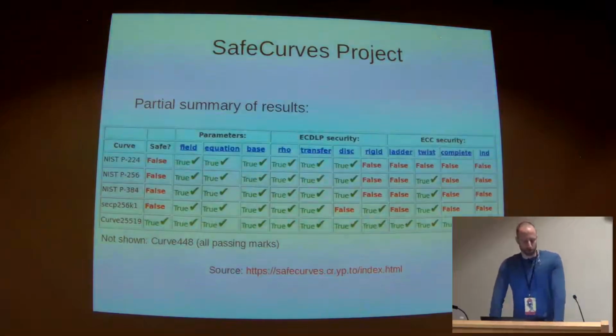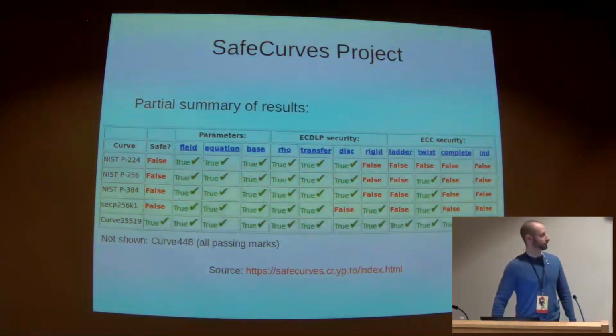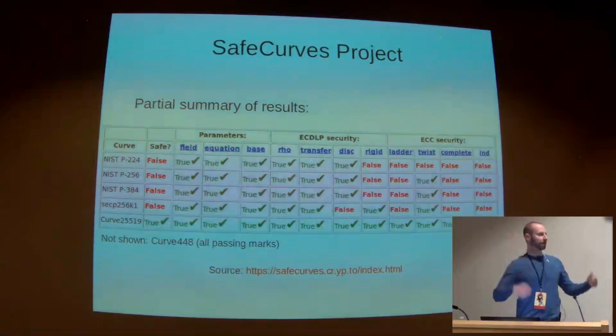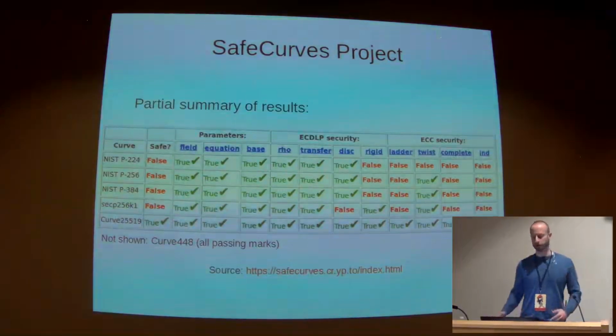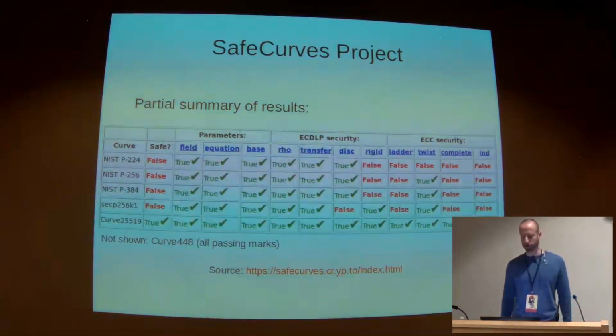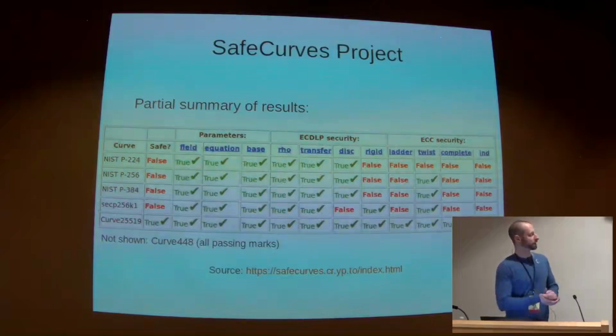If you were a math person, you could click on any of those column names, and it'll go into all the math. Here's all the math that we did on this curve, and here's why this looks bad, and this other thing looks bad too. It's well beyond the scope of my presentation, so I'm not going to go into that.